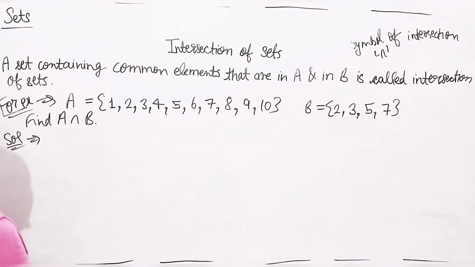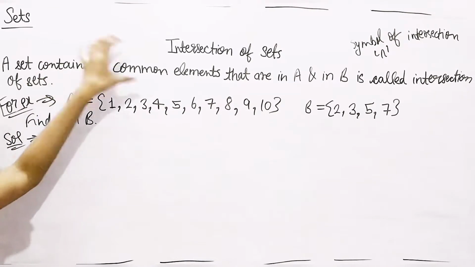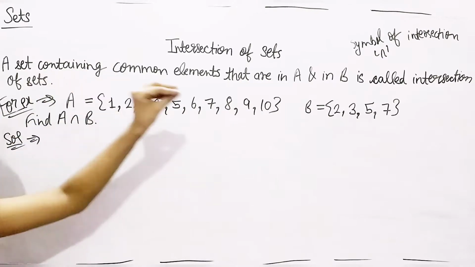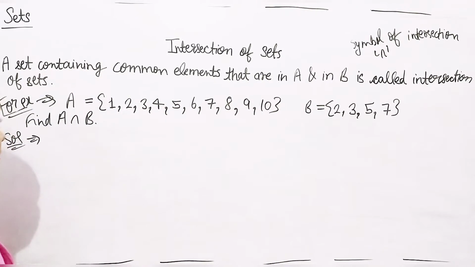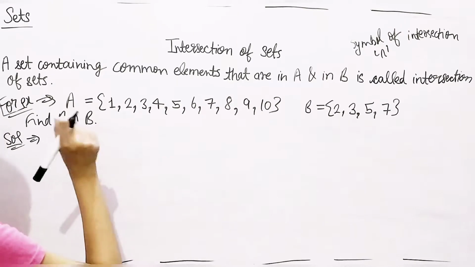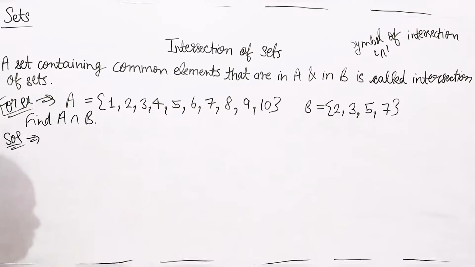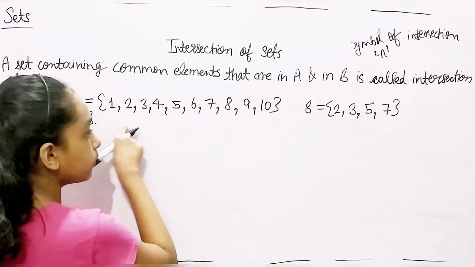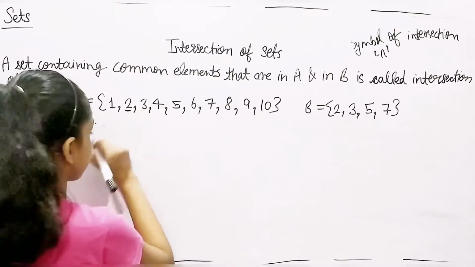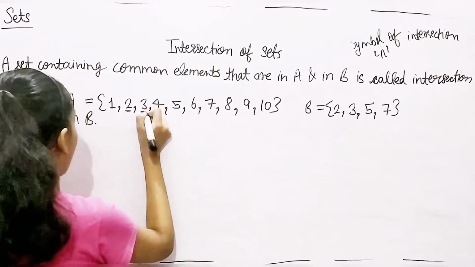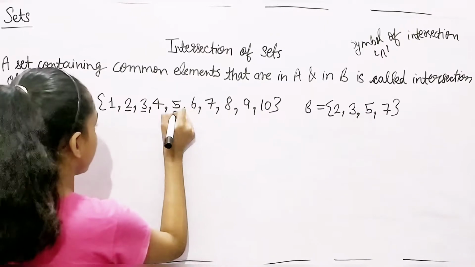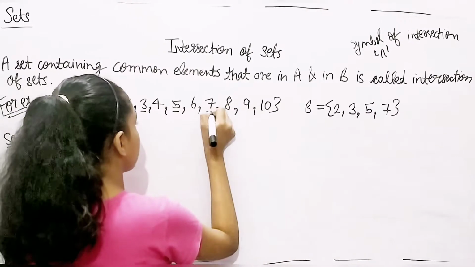In intersection of sets, we're only going to write the common elements in these sets. We have only two sets, and we have to write the common elements. So first let's find which elements are in both the sets. 1 we don't have in it, 2 we have, 3 we also have, 5, here it is, 7 right here.